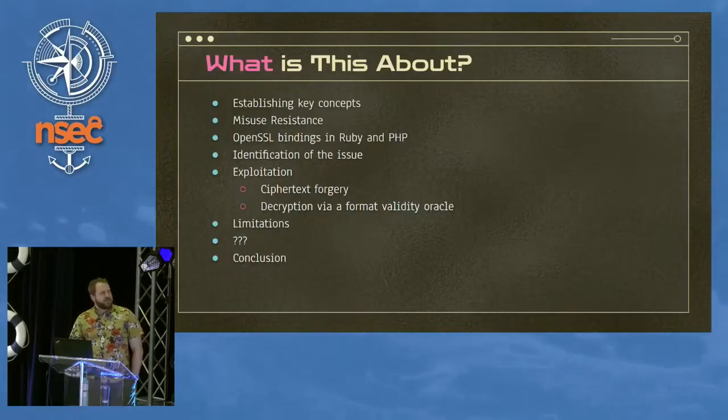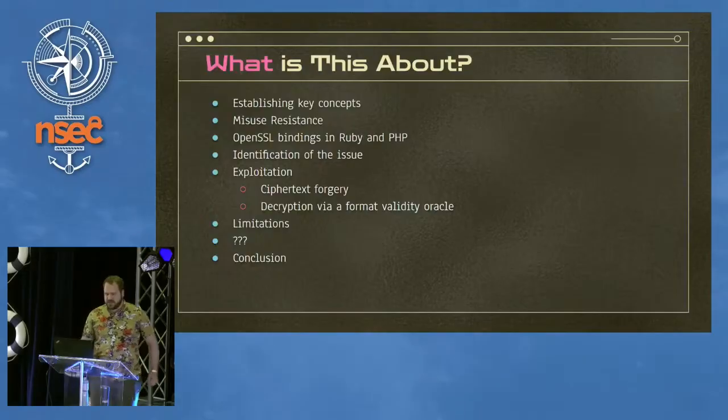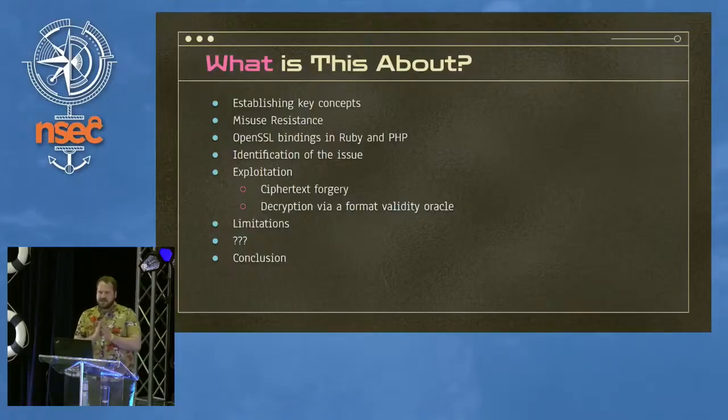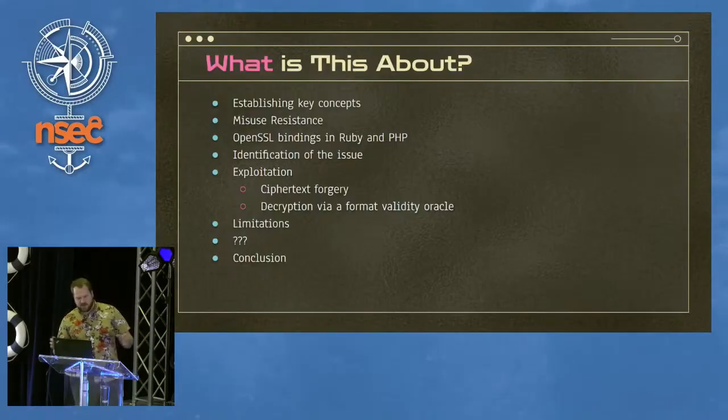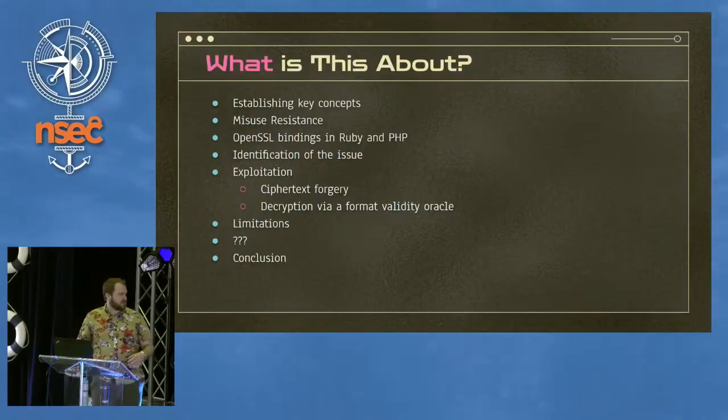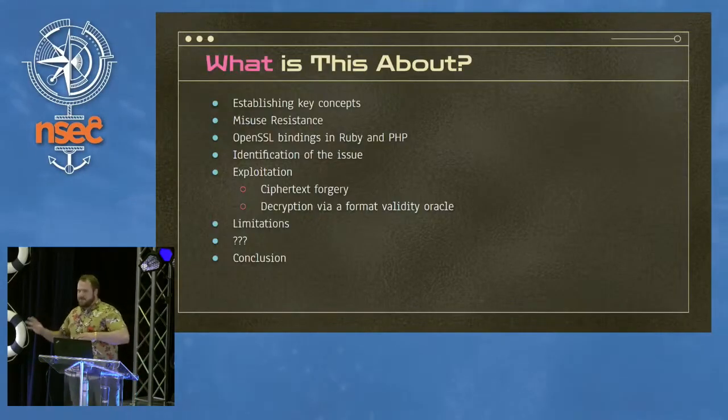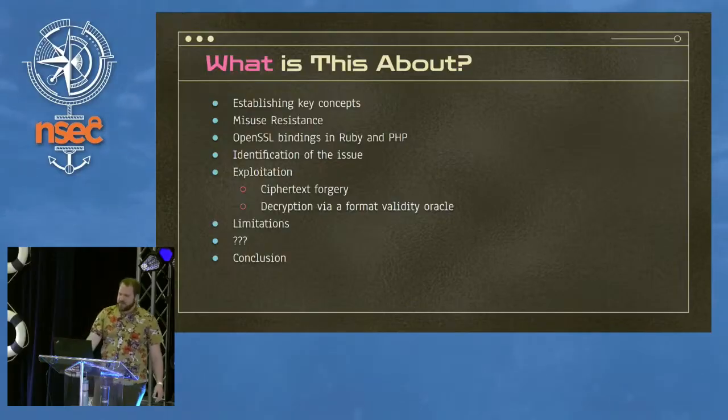Then we'll talk a bit about the OpenSSL bindings in Ruby and PHP specifically. And then we'll see how the issue I want to talk about can be identified and then exploited. And the exploitation part will cover both ciphertext forgery and decryption via what I call a format validity oracle. And then we'll talk about some limitations on that, and then questions, and then conclusion.